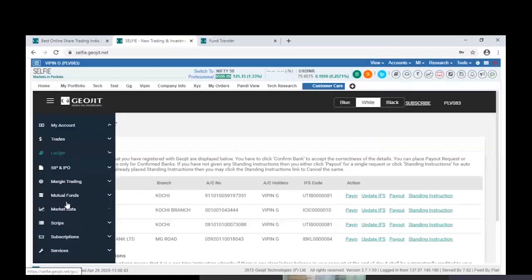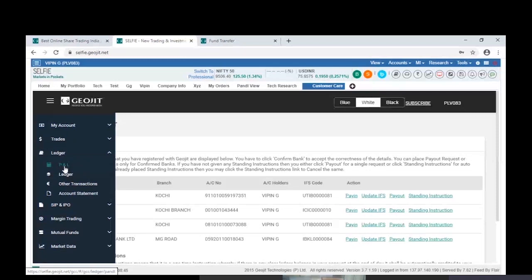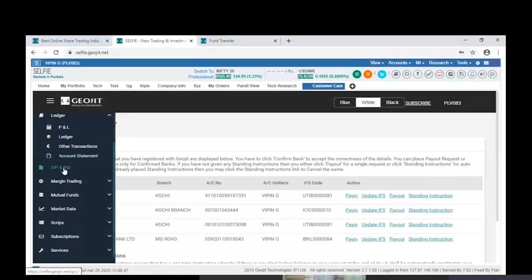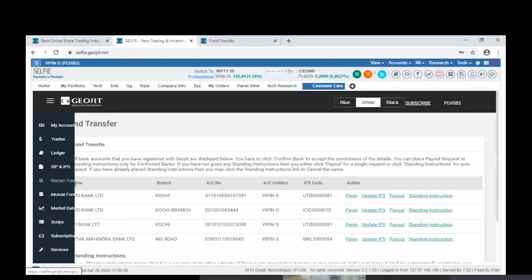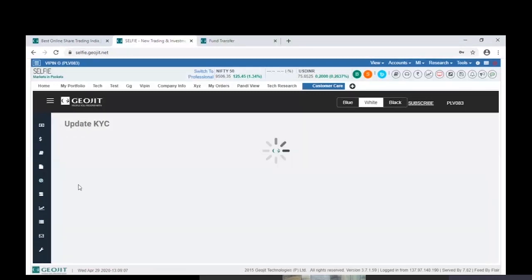Similarly, if you would like to do your KYC update, because the regulator says that in the capital market you have to update your KYC every 365 days, you can come over here and go through the KYC updates. You can update your KYC if you need to change your email ID or your phone number. You can do it from here.